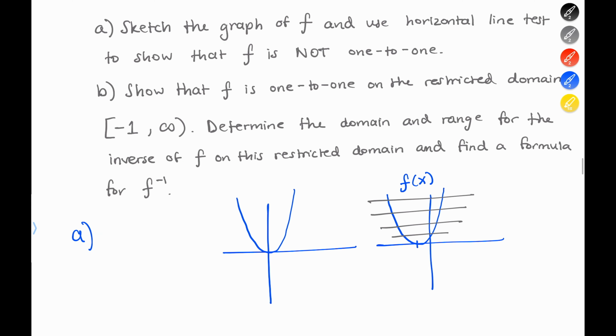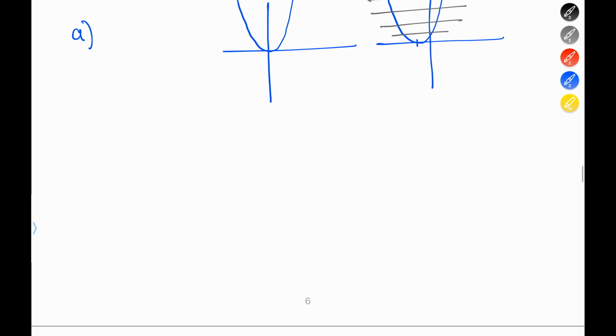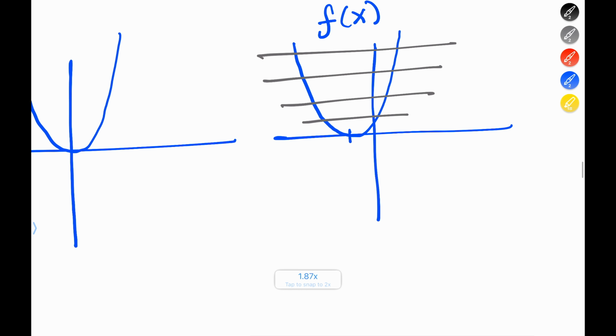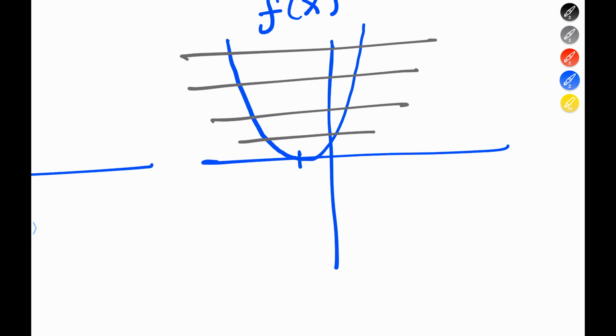So now let's take a look at B. It says show that f is 1 to 1 on the restricted domain -1 to infinity. So zooming in on this graph, this is -1. So from this point onwards to the right, all of this graph is going to be included in that interval.